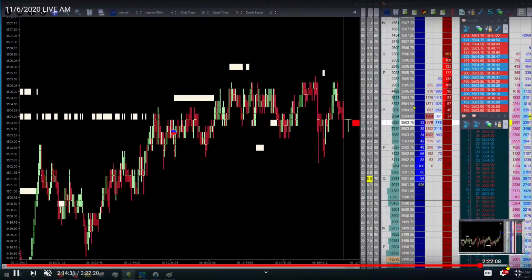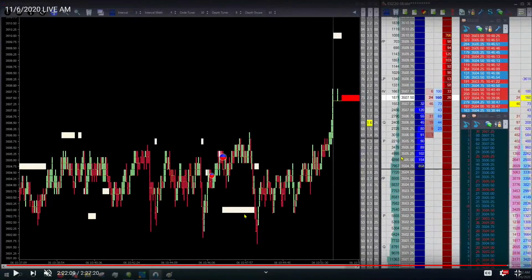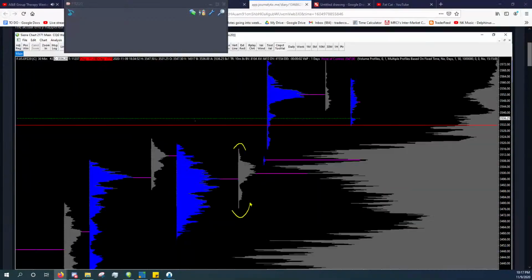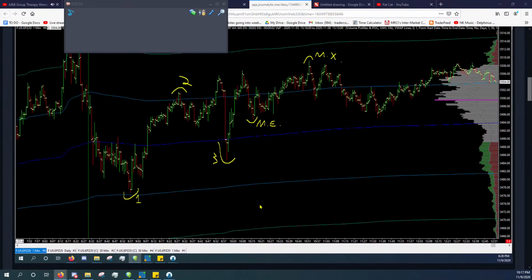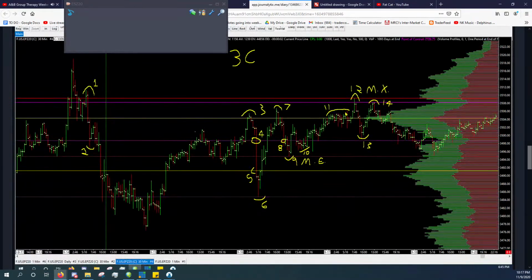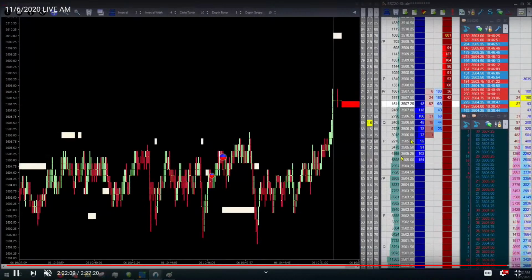Here we go. See all that chop right there? That's what happened in this 11. And that's a 1-minute chart.